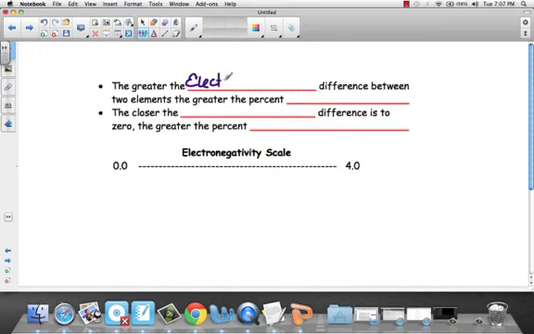The greater the electronegativity difference between two elements, the greater the percent ionic character.